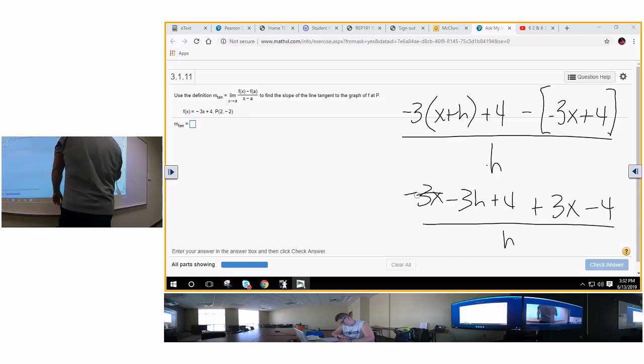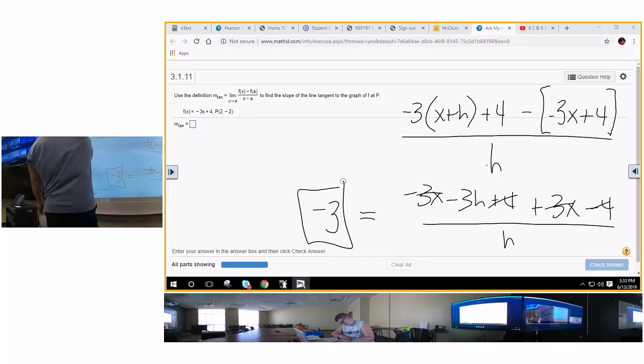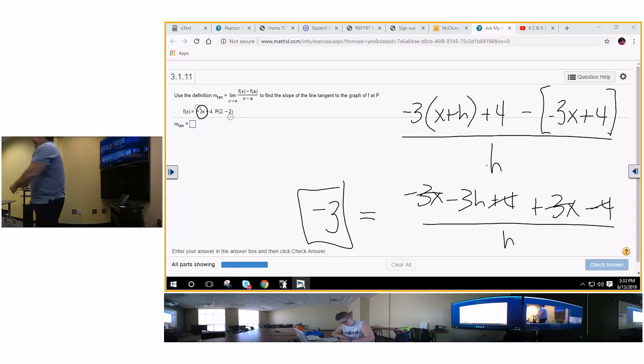The 3x's cancel, the 4's cancel, you're left with negative 3. And the derivative of negative 3x, now that we know how to do the derivatives, is what? Negative 3. So the derivative is negative 3.